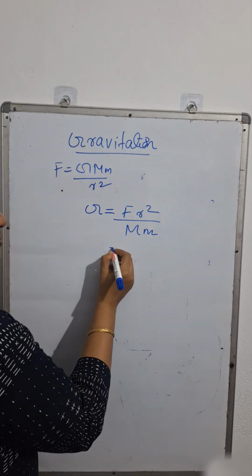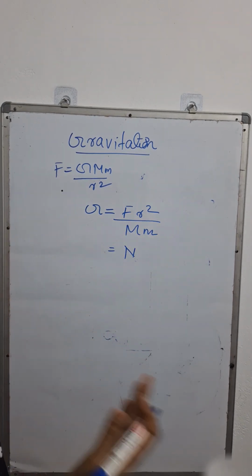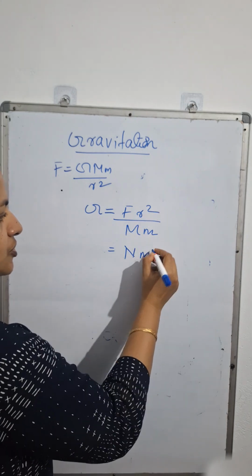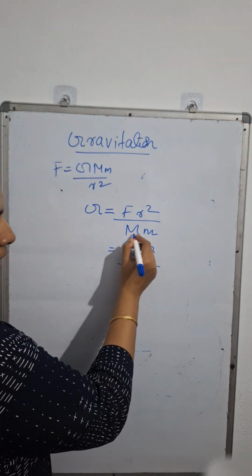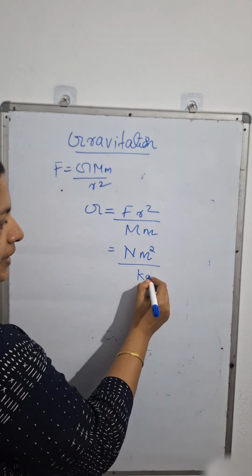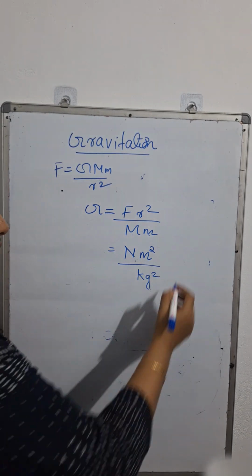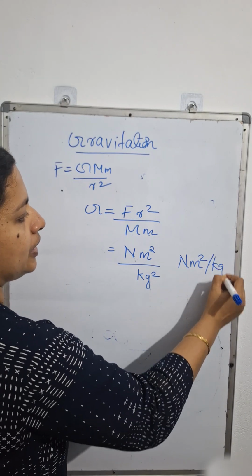Then what is the unit of force? Newton. Length, radius, distance r means it is a length, so meter. It is a square, so meter square divided by kilogram and kilogram, so kilogram square. So Newton meter square per kilogram square. What is the unit of G? Newton meter square per kilogram square.